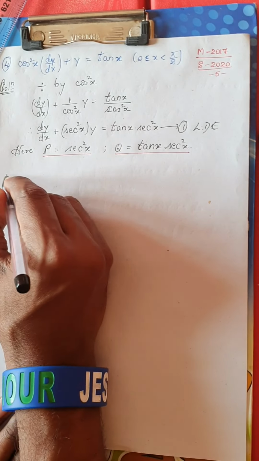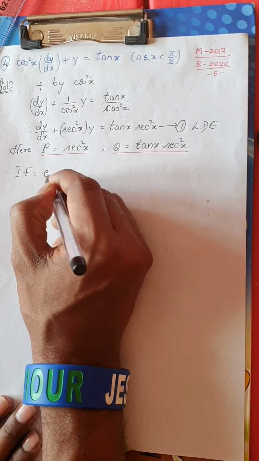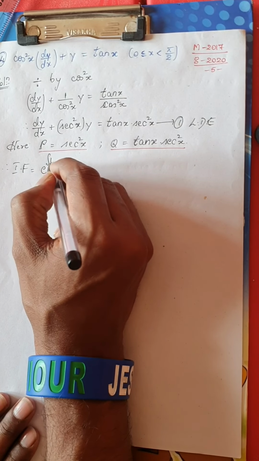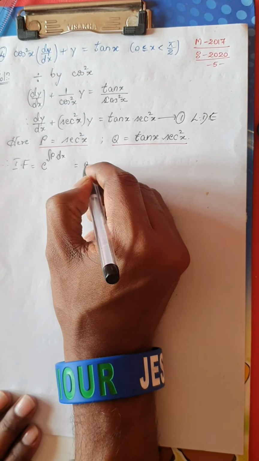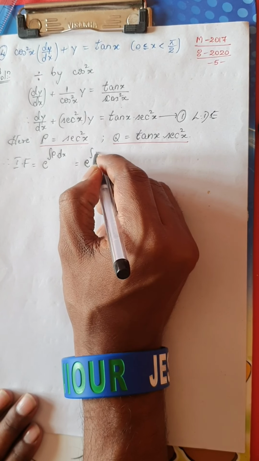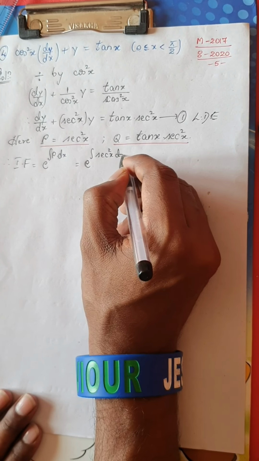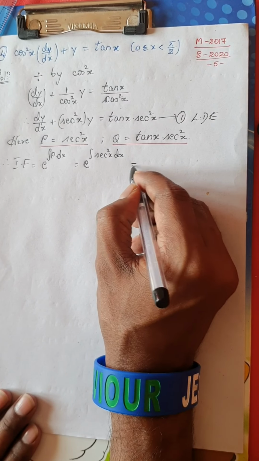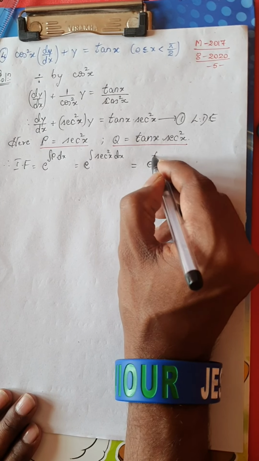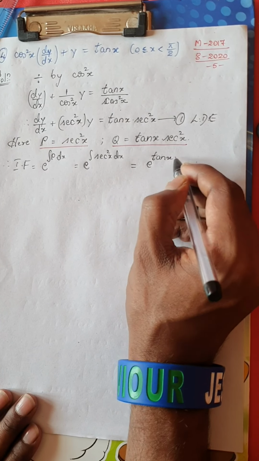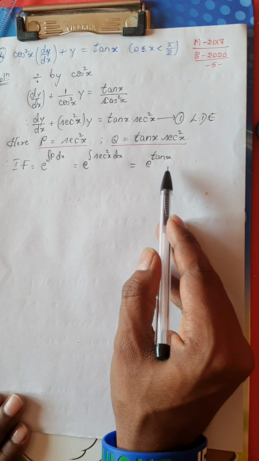Integrating factor is e power integral of P dx, which is e power integral of secant square x dx. Integral of secant square is a standard integral, which is tan x. So the integrating factor is simply e power tan x here.